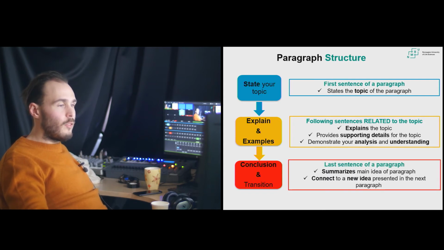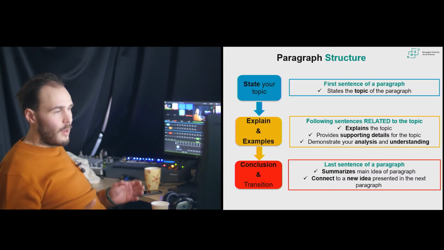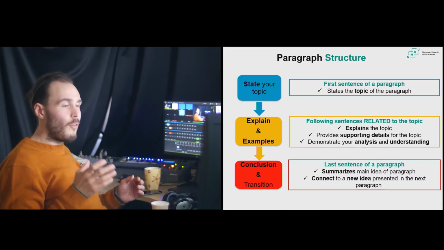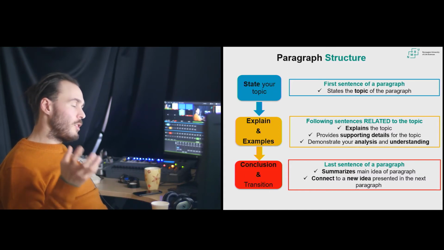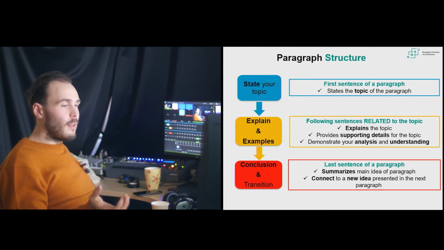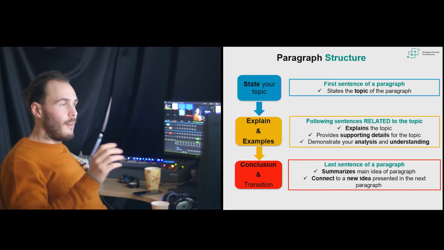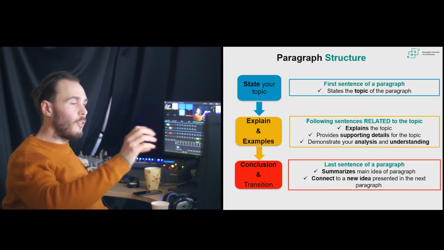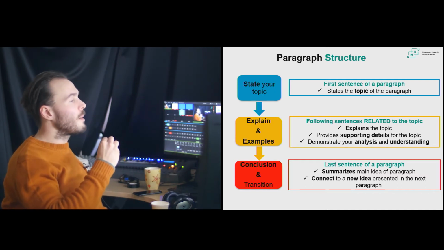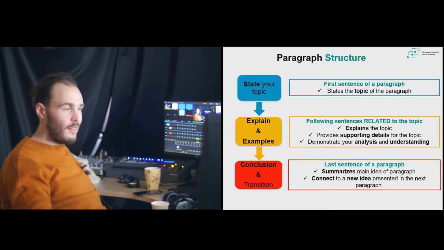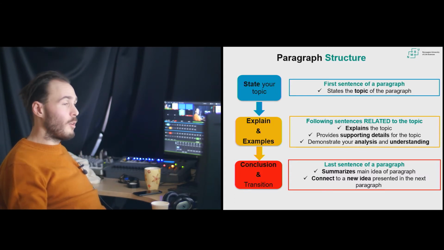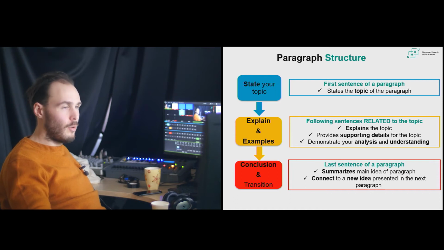This will lead into the conclusion, and this is typically the last sentence of a single paragraph. It should summarize the main idea, but it should also connect the idea that you have been talking about to the idea that will be presented in the next paragraph. This is the transition. We could also call it a bridge if you want to.